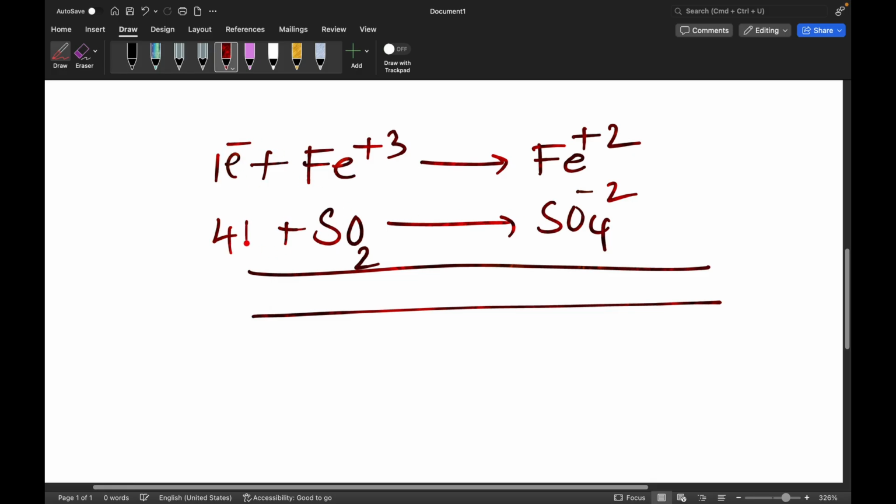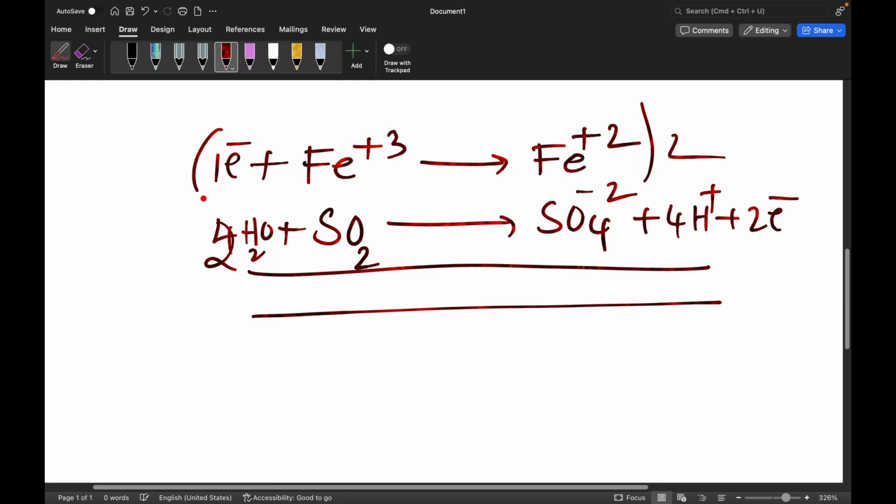So we will balance this. Here one mole of electron is required. So you need 4H plus here, and 2H2O is required. Here you need 4H plus, plus 2 electrons. That means you need to multiply this by 2. So you get 2 moles of Fe plus 3.